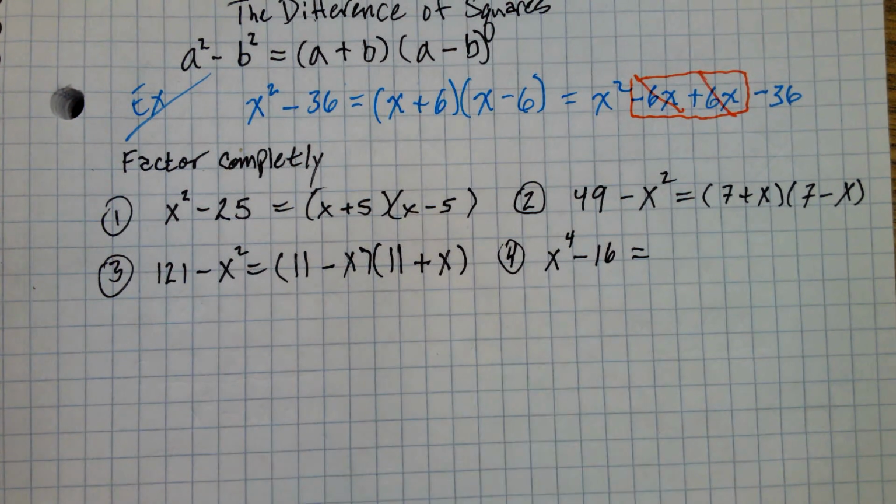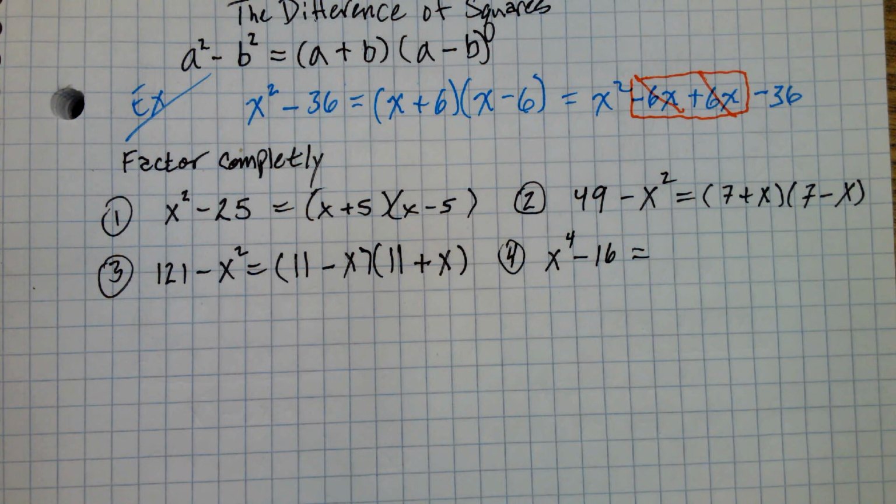X to the fourth minus 16 is still a difference of squares, believe it or not. Anytime I have an even exponent, it's a perfect square. Think about this. We've talked about it when we first started talking about powers. What was it, like a month ago?